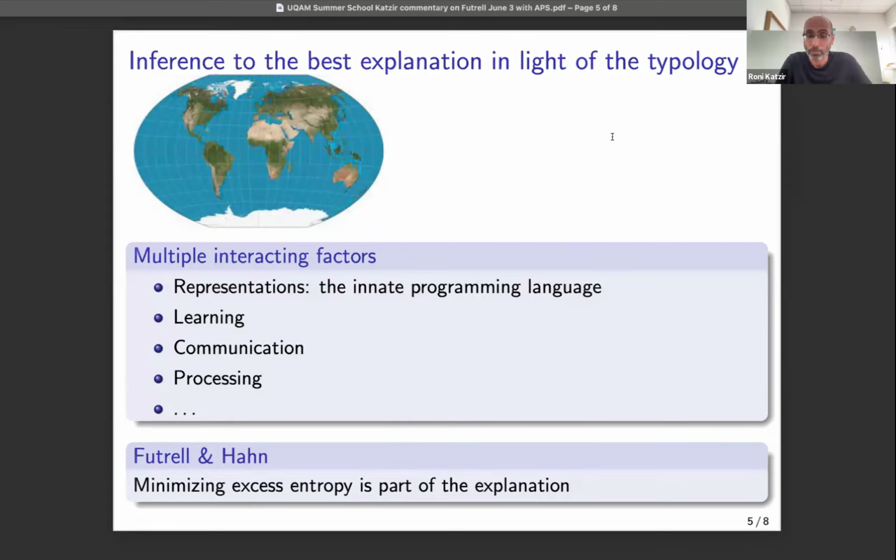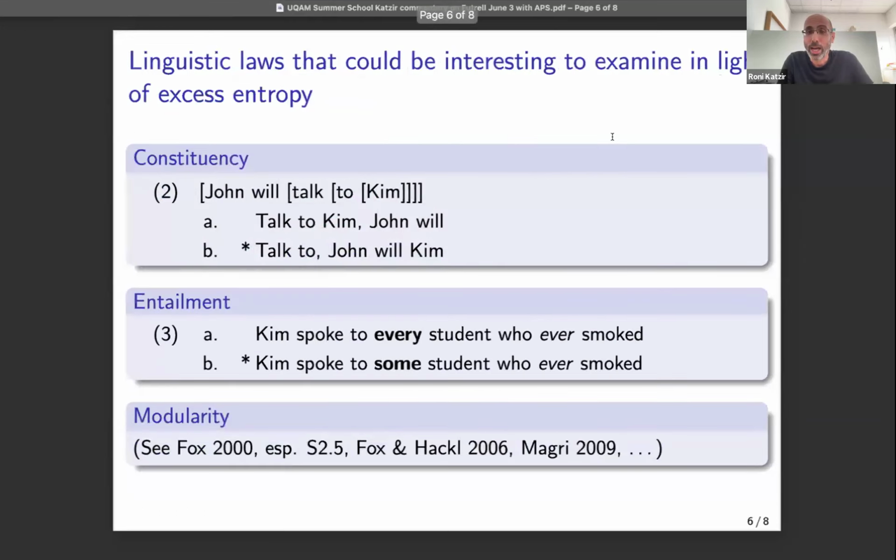And in one of the papers that Richard mentioned, the recent paper by Futrell and Hahn, he proposed that minimizing excess entropy is part of the explanation, which is a very interesting idea. And I think it invites thinking about all kinds of things that linguists talk about.